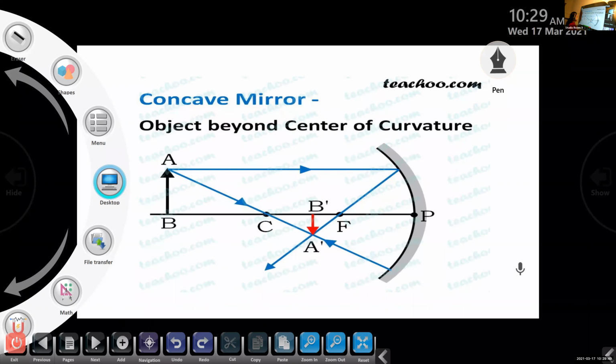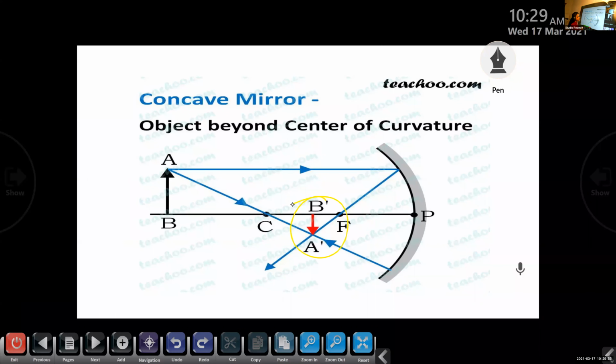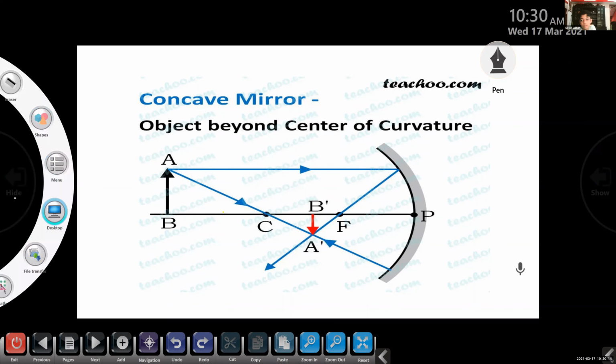In the second case, if the object is beyond the center of curvature, where do we get the image? The image is obtained between F and C. Yes, very good. What about its nature and size? It is diminished, real and inverted.